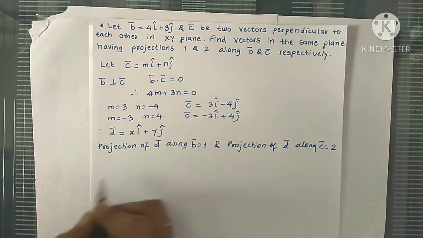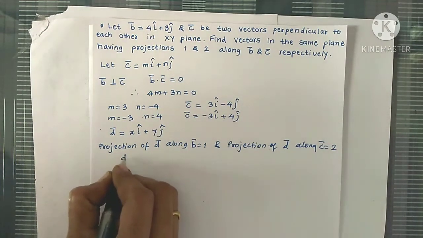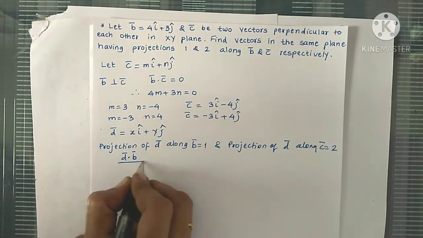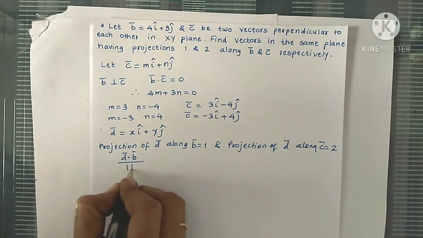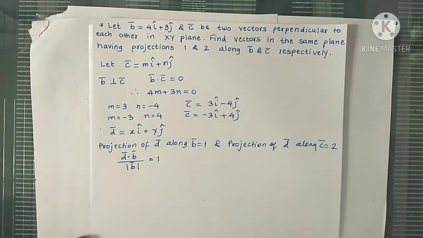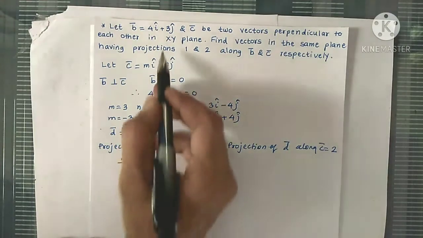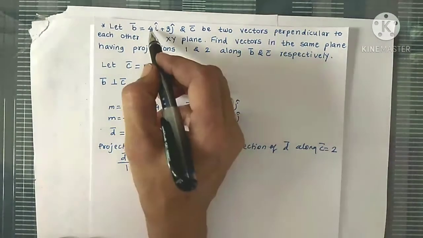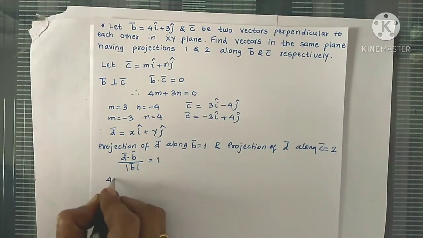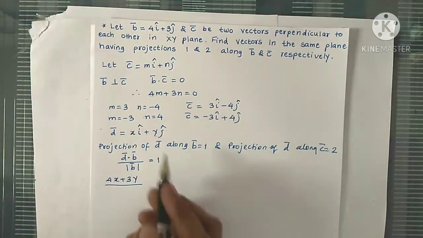Okay, now let's write the equation. For the projection of d bar along b bar, we are considering scalar projection, so the formula is d bar dot b bar divided by modulus of b bar equal to 1. Now we have taken d bar as xi plus yj and b bar is 4i plus 3j, so the dot product is 4x plus 3y. So 4x plus 3y divided by modulus of b bar.